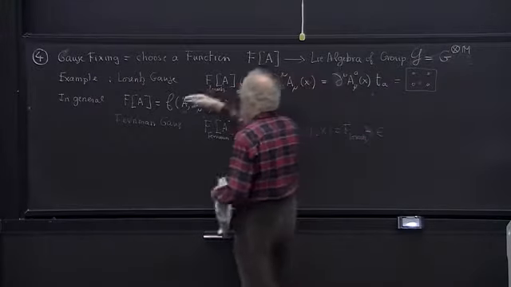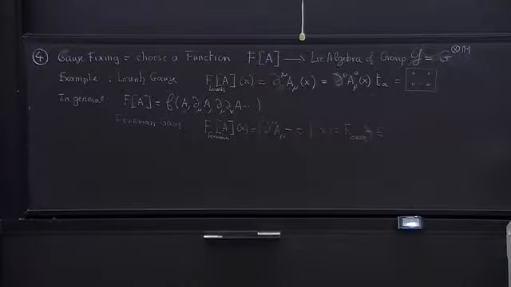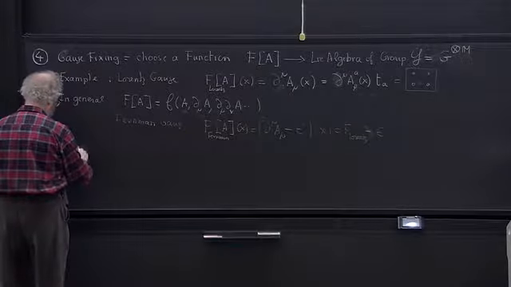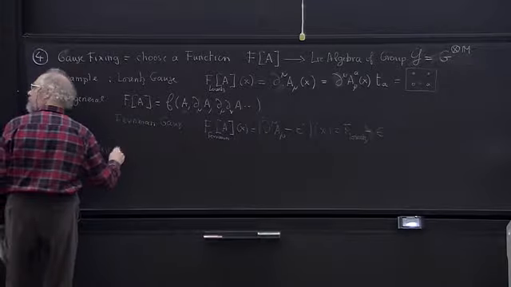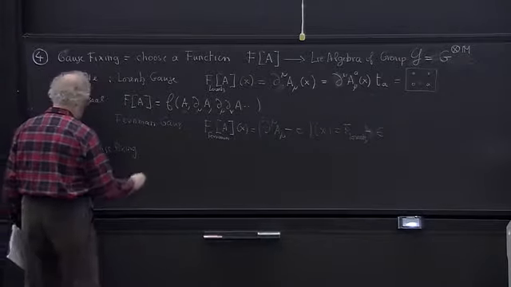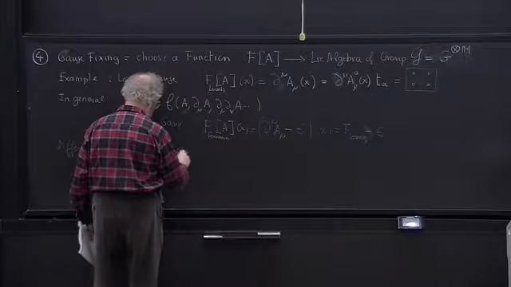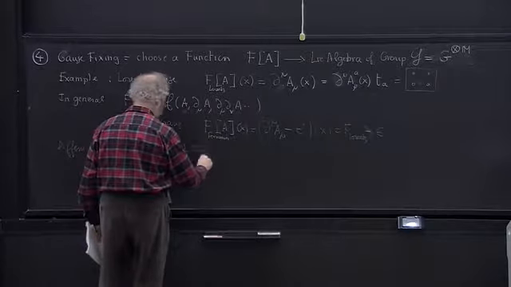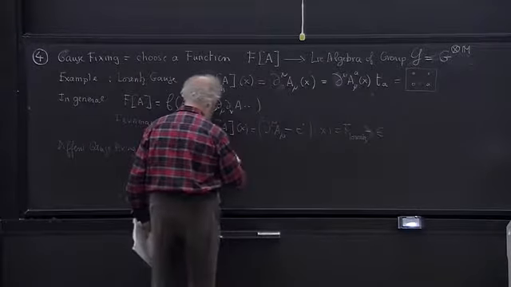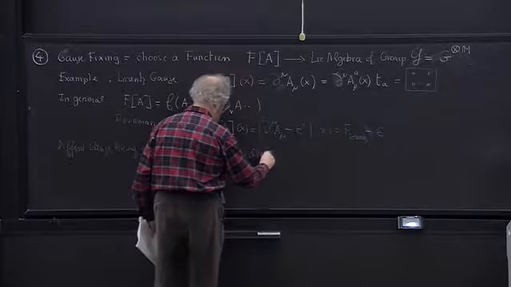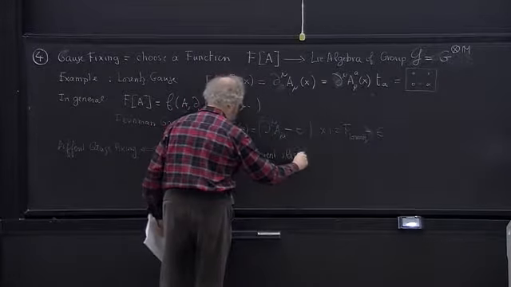Okay. So this is just an abstract and compact way to represent this choice. And so you see that different choice, different gauge fixing corresponds to different function f of A, and they give different slices.